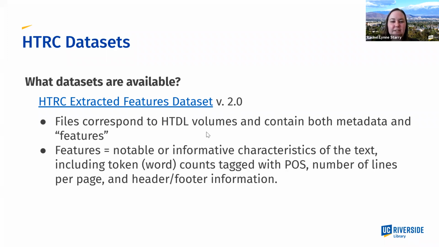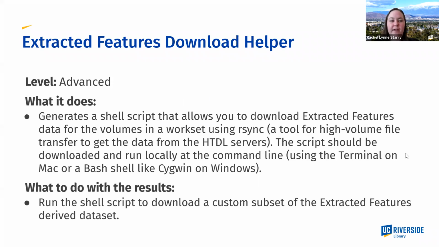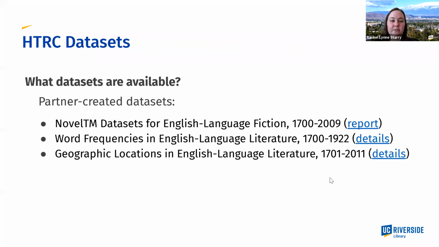Essentially it contains information about the volumes in HathiTrust, as well as features, which are informative quantitative characteristics of the volume, including word counts tagged with part of speech, numbers of lines, all sorts of pieces of information that can be really helpful for understanding the collection or the volume. The fourth algorithm can help you download a shell script to run at the command line locally to pull out the volumes you want from that derived data set.